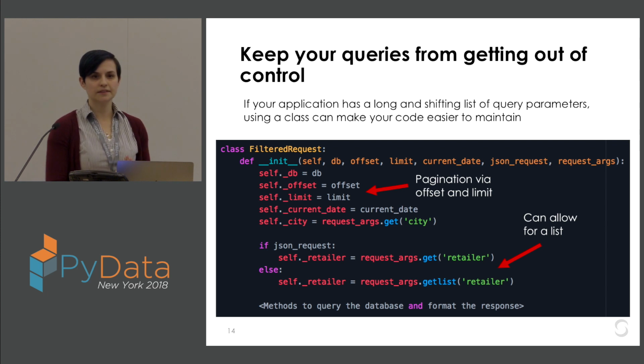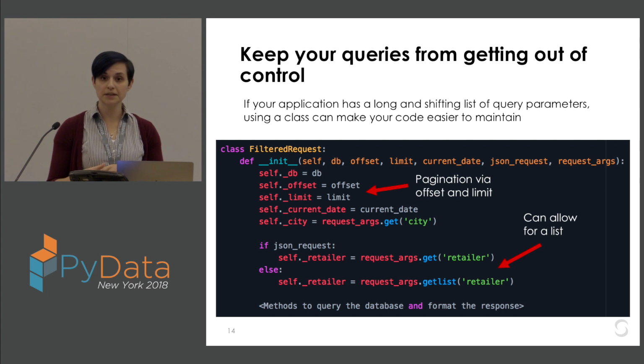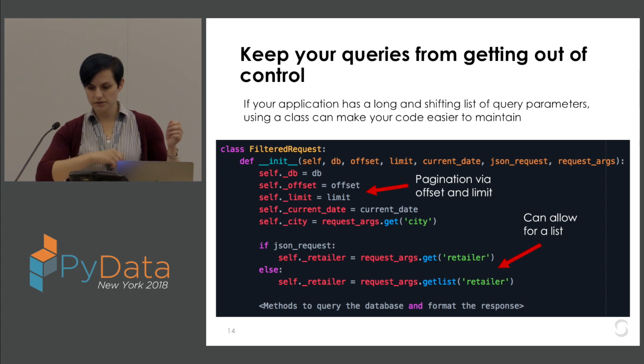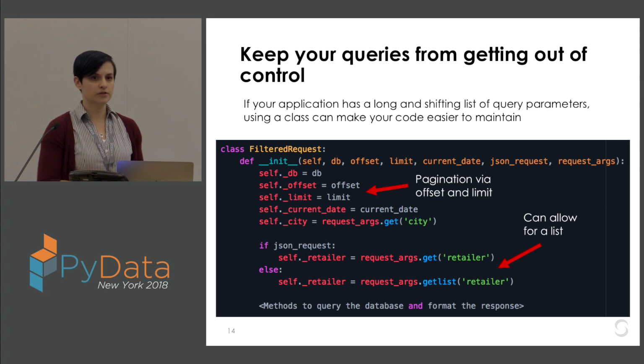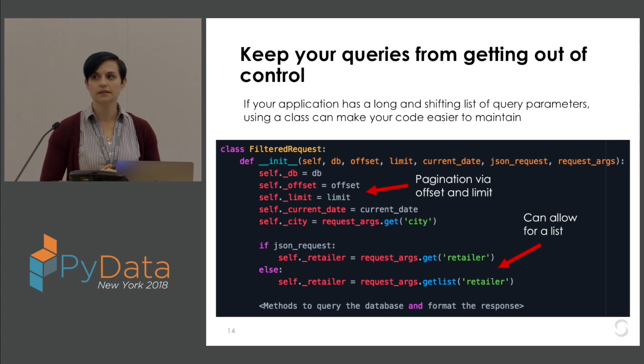Another thing that really helped us a lot, which we first didn't do but eventually ended up doing, is this: there are so many different query parameters that ended up coming into our Jira backlog that it became way easier to maintain the code by creating this filtered request class.